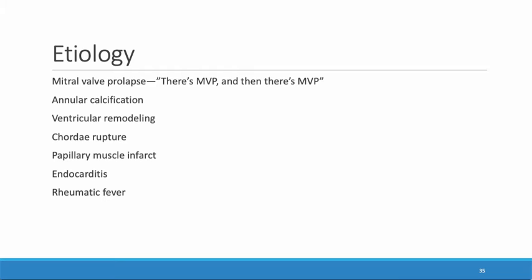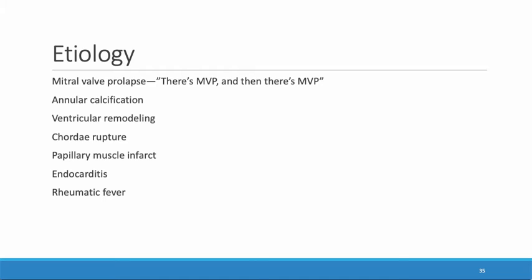So 30 years ago, we diagnosed mitral valve prolapse all the time based on some made up echo criteria. But there's mitral valve prolapse that you can hear or that shows up on echo. And we just don't call it as much as we used to because we know that person is not going to convert to any worsening mitral valve prolapse. But then there's mitral valve prolapse, right? Where there's a big floppy valve and it moves in a gross way.